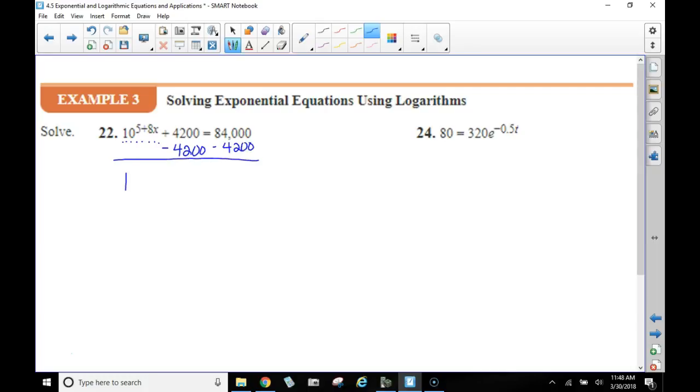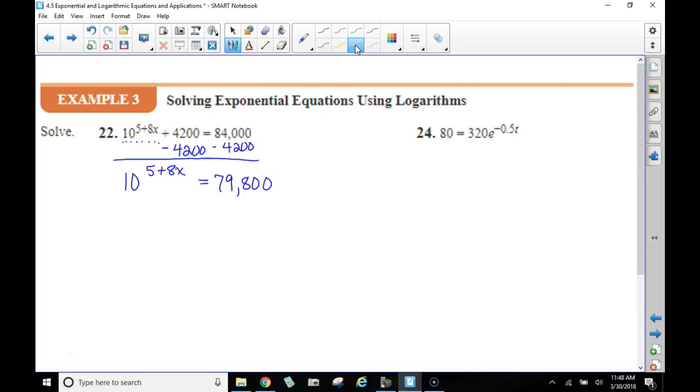So now we have 10 to the 5 plus 8x equals 84,000 minus 4,200, which is going to be 79,800, I believe. Okay, and so now we are ready to take the log or natural log of both sides.